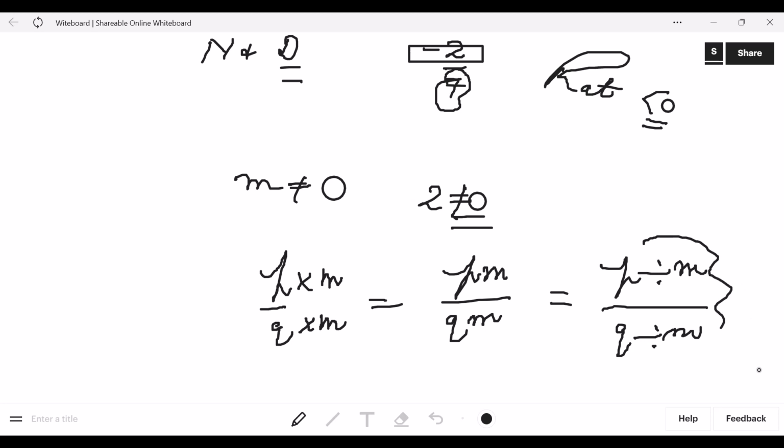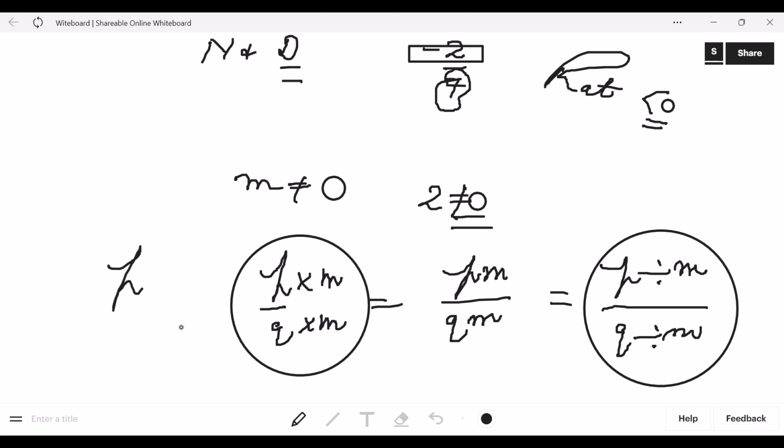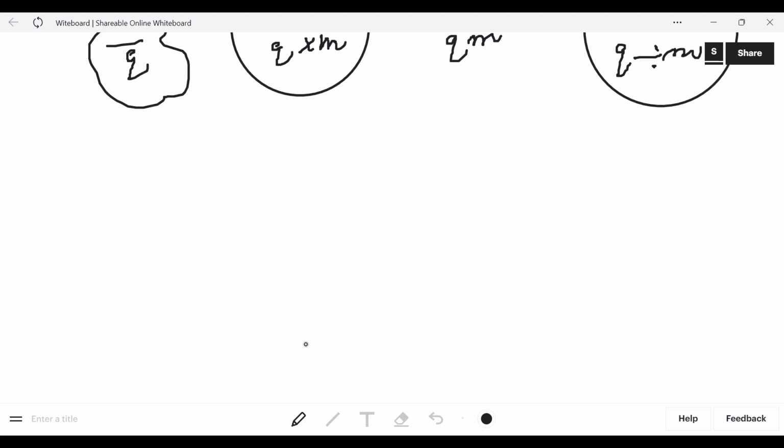So the rational numbers formed, this one or this one, will have same value as the original rational number p by q. Hope you understood.